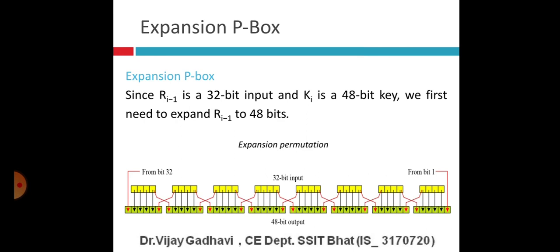Expansion P-box: here we see Ri-1 is a 32-bit input, Ki is a 48-bit key. We first need to expand Ri-1 to 48 bits. This figure shows the 48-bit output from the 32-bit input. Here we can see the process of expansion permutation.